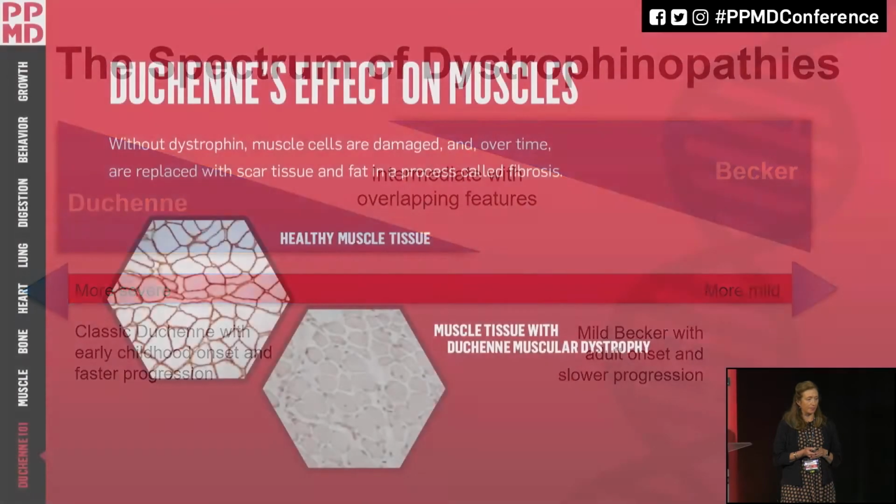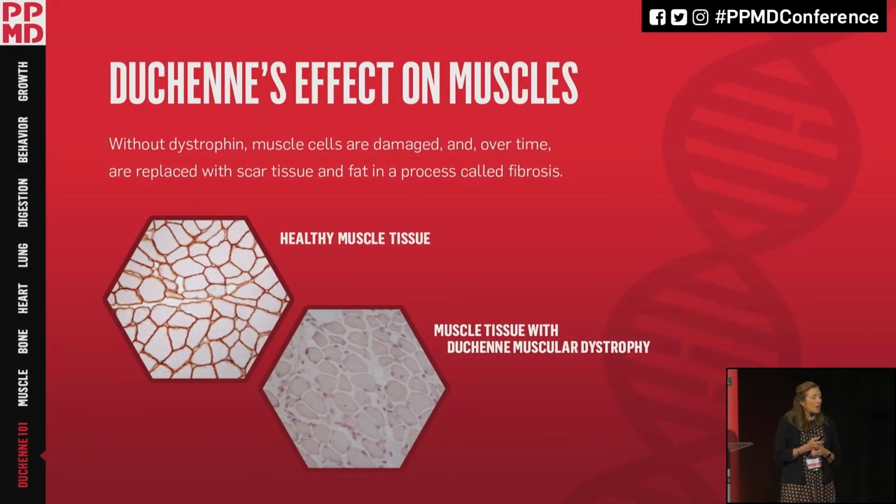Just the effect on the muscles. As I mentioned, without the dystrophin protein, the muscle cells can become damaged over time, and they break down, and they're eventually replaced with scar tissue and fatty tissue, and that process is called fibrosis.